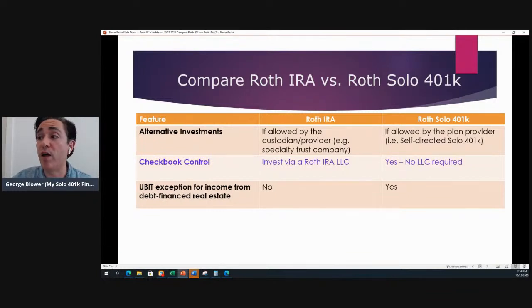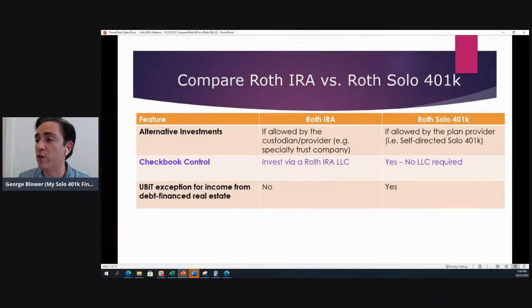You could make that as a voluntary after-tax contribution, assuming you have a solo 401k plan like ours that allows you to do so. You've got to put it into a separate sub-account. And then when you transfer it over to the Roth account, that's going to be a reportable event. So you want to make sure that the provider is going to issue a 1099-R like we do as part of our services for no additional charge.